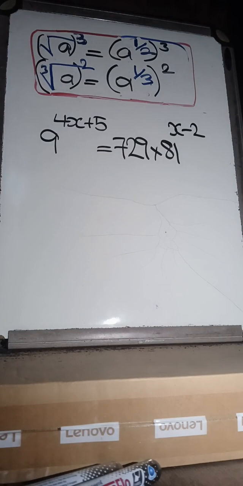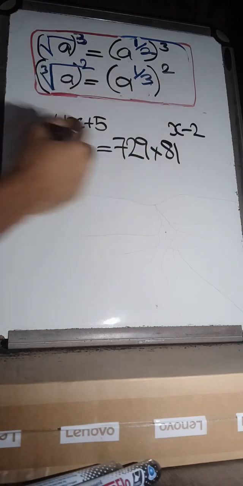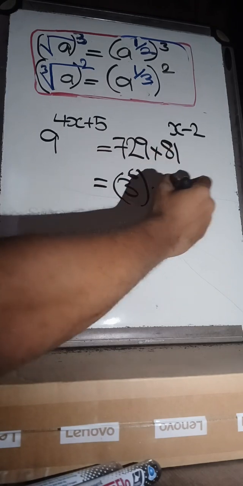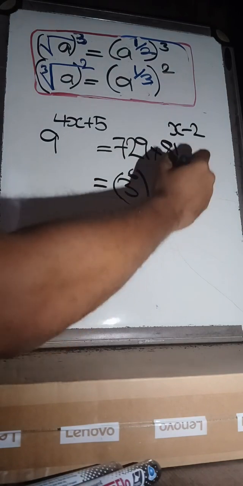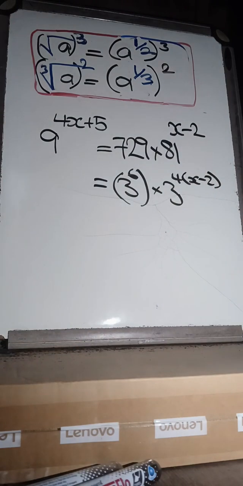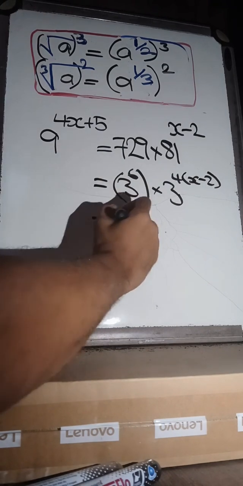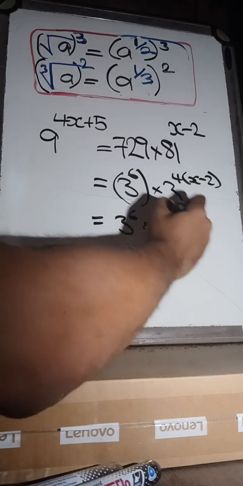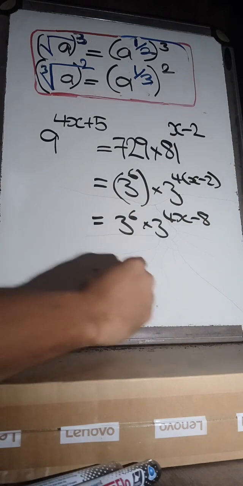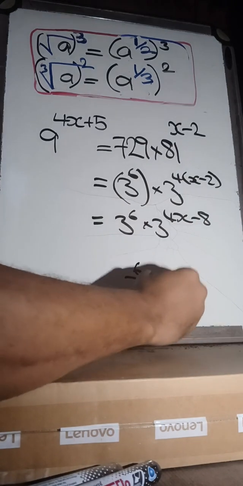So there's a lot to unpack there, right? Now, I know that this is 3 raised to the 6 based on what we did before. This is 3 raised to the 4, which is being multiplied by x minus 2. So that's going to be, just on this side alone, 3 raised to the 4x minus 8. Now, based on our rules of indices, let us say we have 3 to the 6 times 3 to the 2.